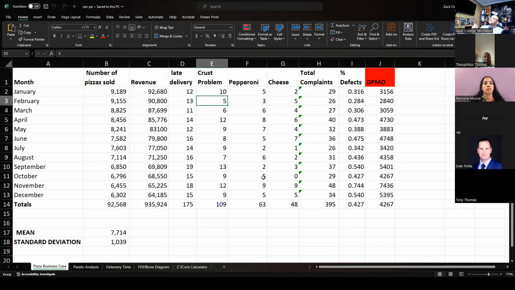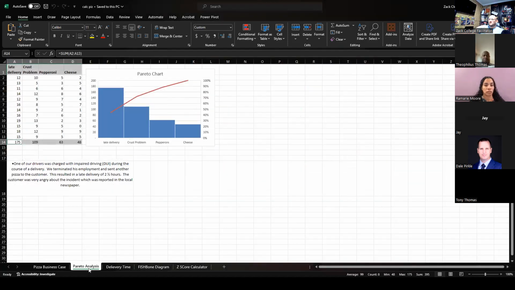Now, as we're looking at this, our focus becomes more driven, and we start focusing on things that revolve around late delivery. And we'll dive into that analysis as we go through tonight as well.